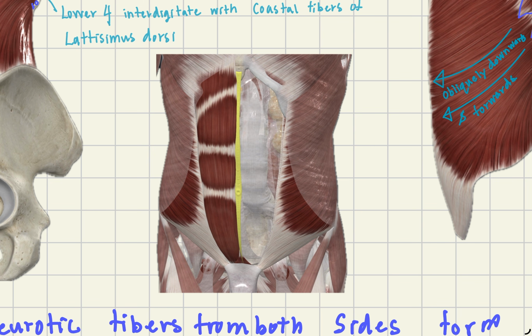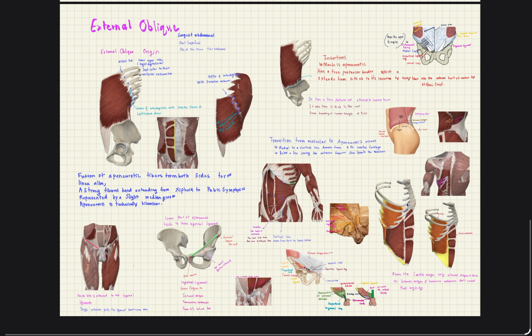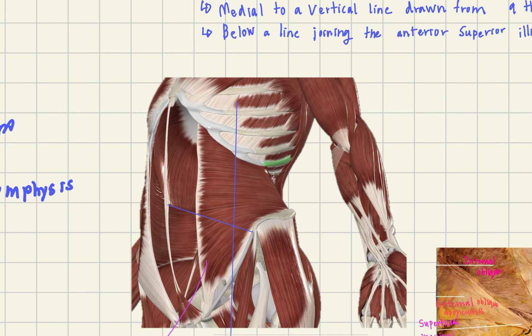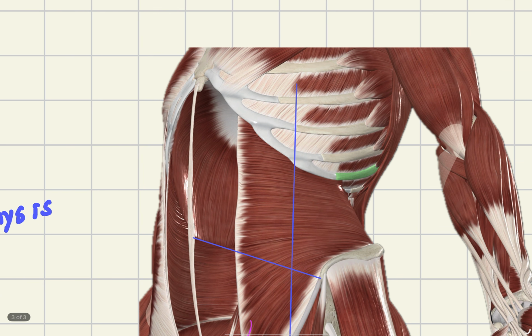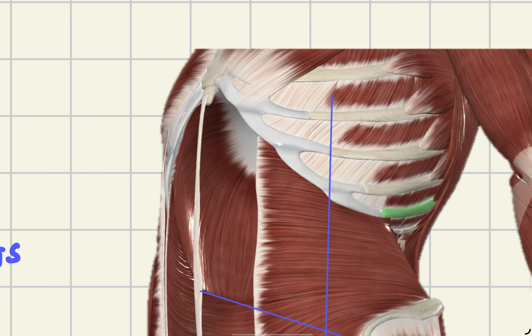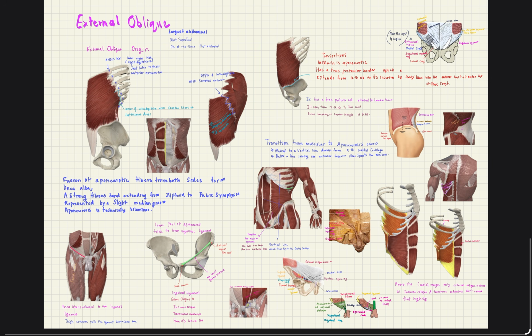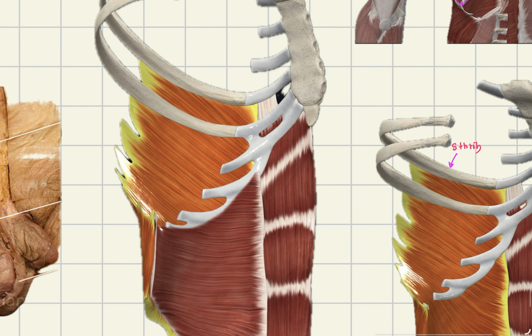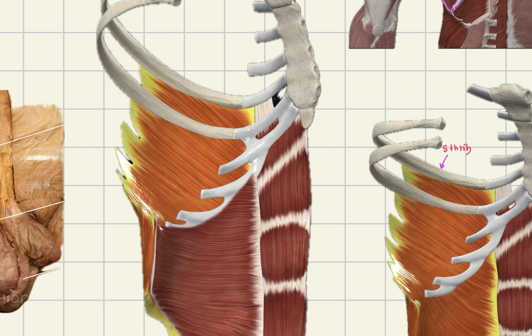The free horizontal upper border of this aponeurosis extends from the rib to the xiphoid process. So the aponeurosis goes from the rib to the xiphoid process. I can show you the aponeurosis here.